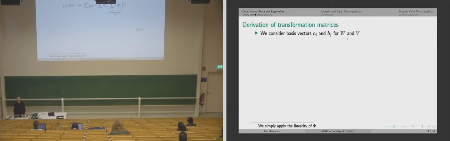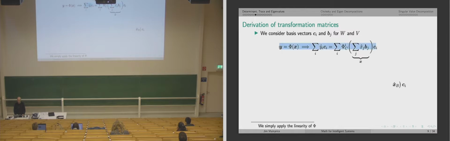So, what is this thing doing here? Okay, so if we have a linear map defined this way, we can define the map in the following way, in coordinates, by saying that y is a combination of the basis vectors of W, of our codomain basis vectors, which are called Ci. And now that's the tricky part.